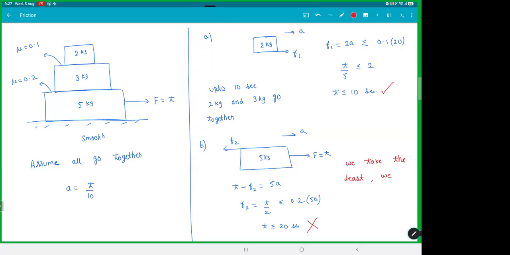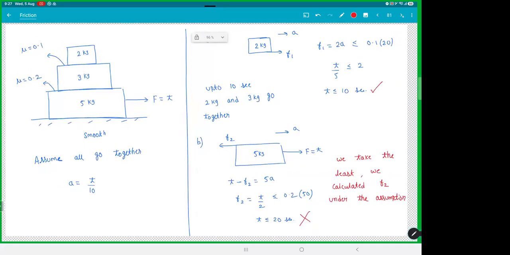We calculated F2 under the assumption 2 and 3 are going together. So this is the problem when you have multiple blocks: they get the answers without figuring out what the other guy is doing.